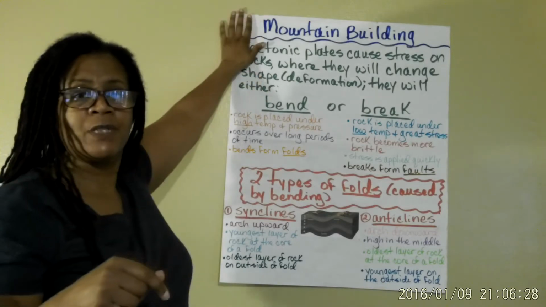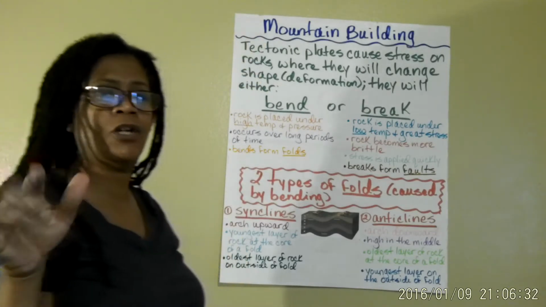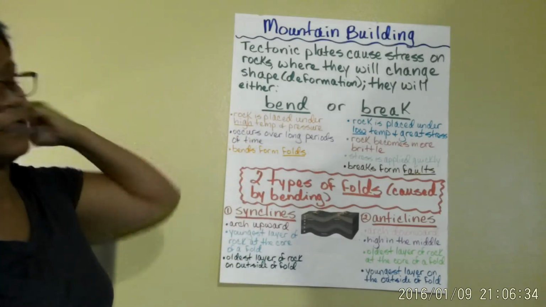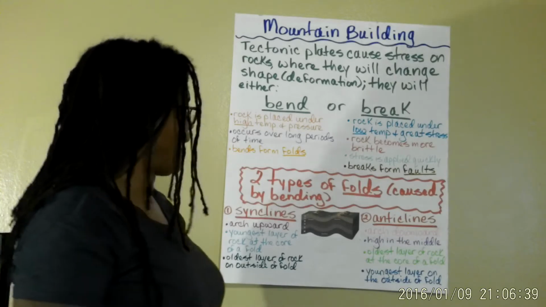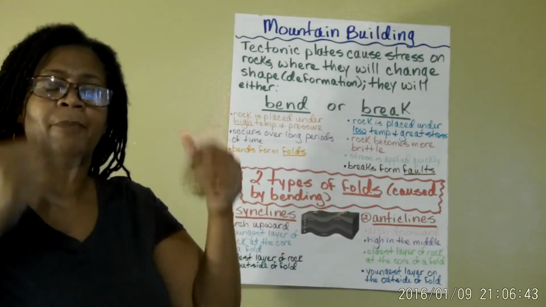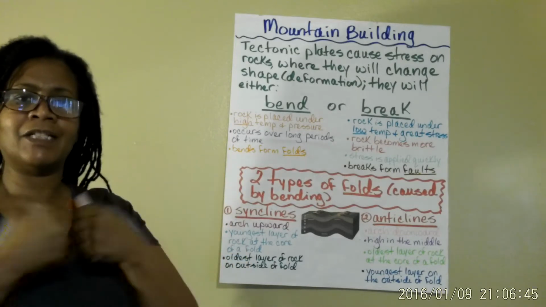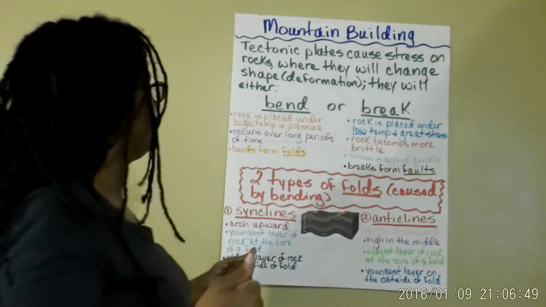So first we start with mountain building, okay? You already know about tectonic plates and what that's all about. And we know that mountains are built up because of the collisions and the different things that happen with tectonic plates. Okay?